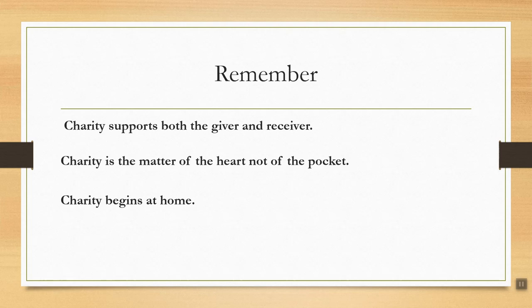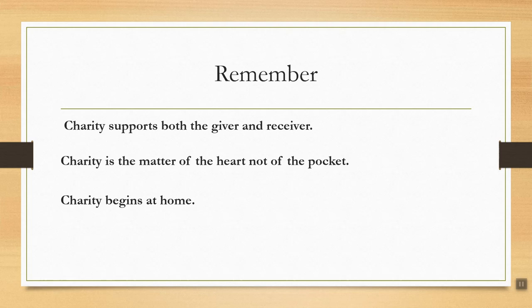The first one says, a charity supports both the giver and the receiver. If you give something to a poor person, you are the giver and he is the receiver. In this way, charity benefits you and the other person. Number two, a charity is a matter of the heart.